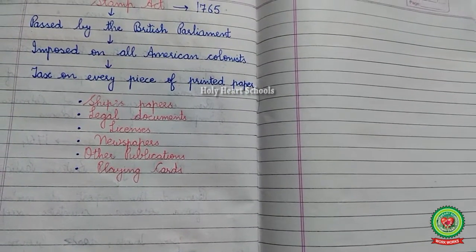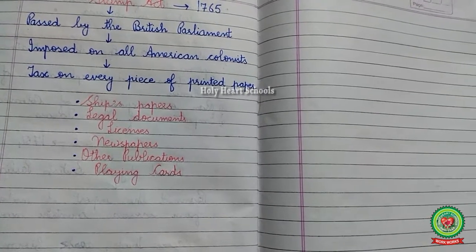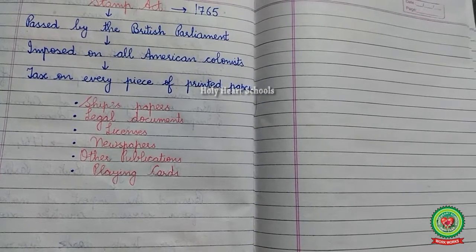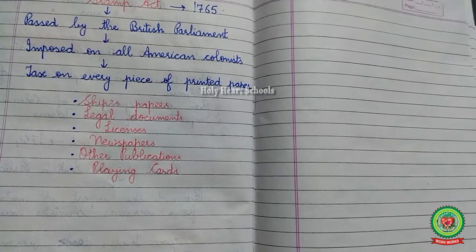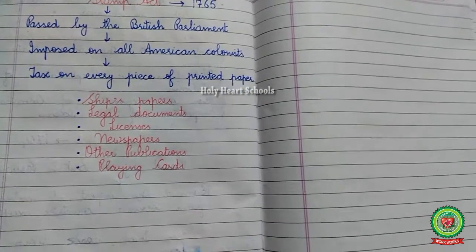The money collected by the stamp tax was to be used to help pay the cost of defending and protecting the American frontiers near the Appalachian Mountains.